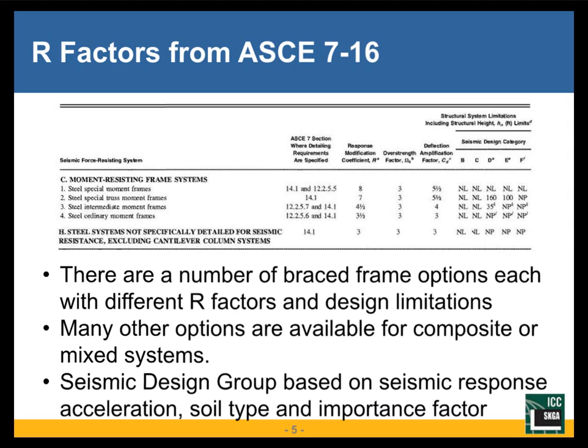And if you're on the West Coast, you're almost certainly going to be in zone D, E, and F because of the higher seismic response spectra value that you'll be using. And you'll find that many of these options are not even permitted in that range, or they're severely limited. Almost everything has a height limitation under some circumstances.